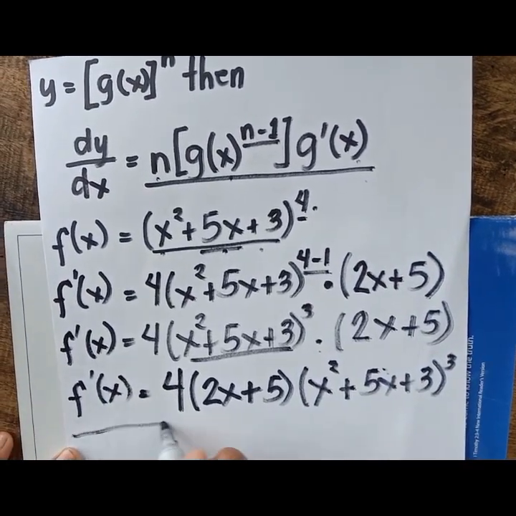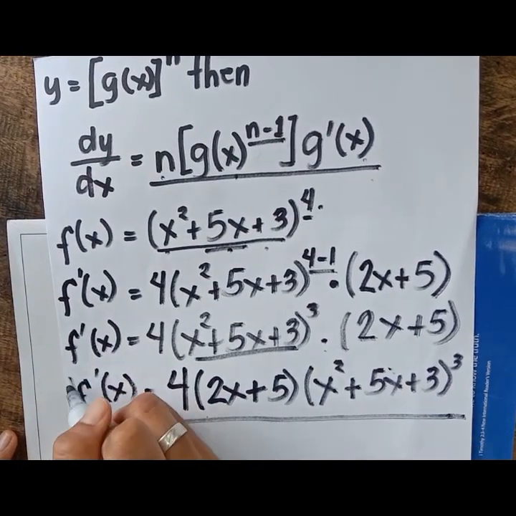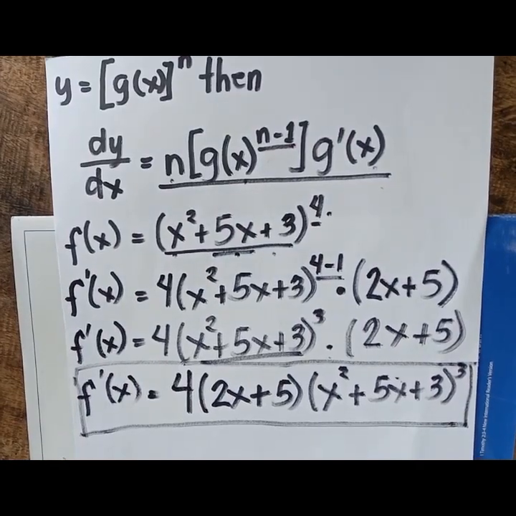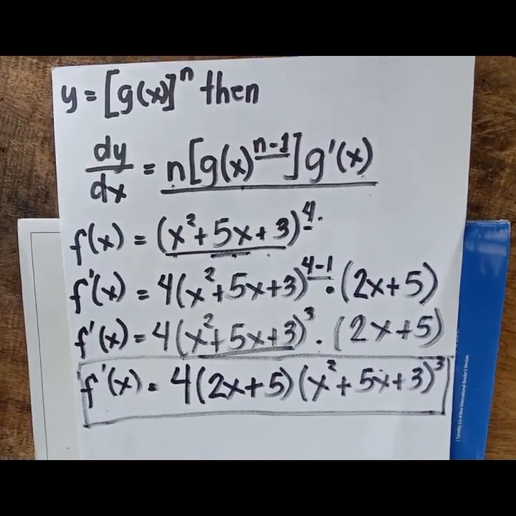So this is our final answer. That explains the power of a function rule in this case.